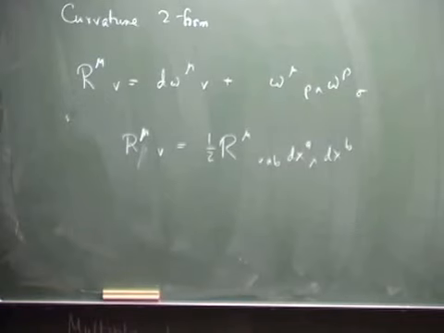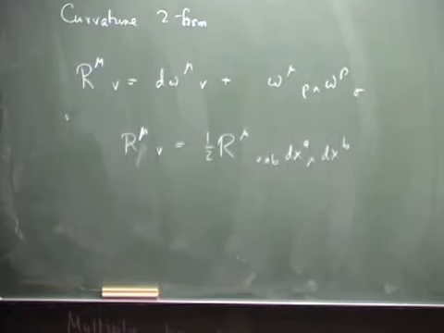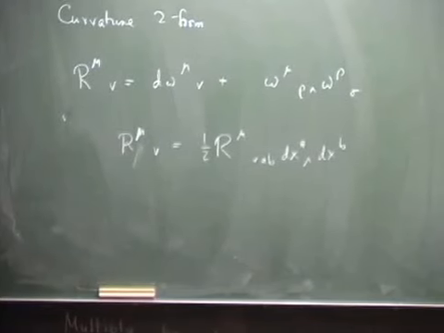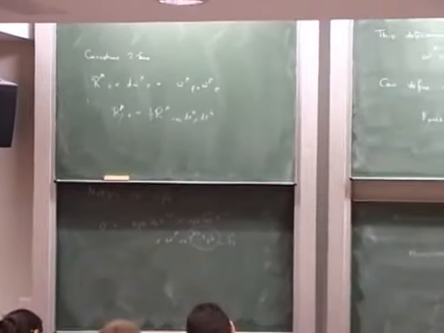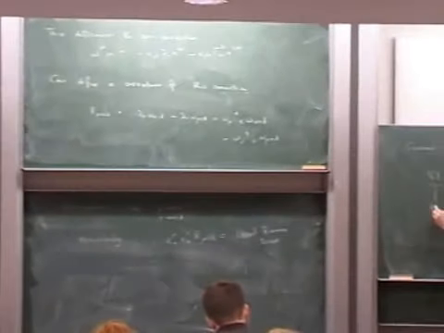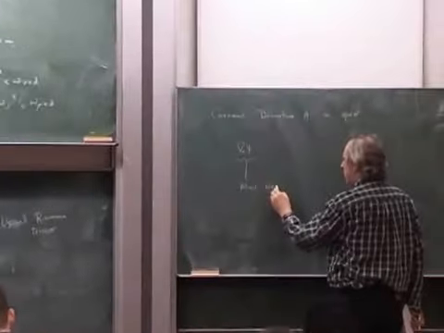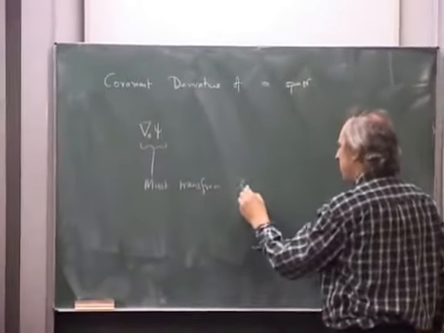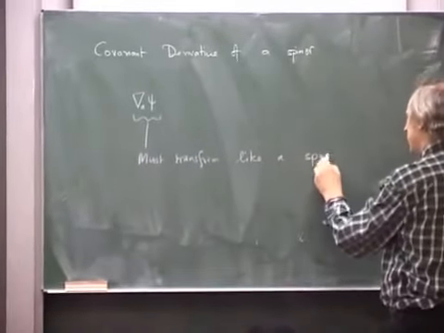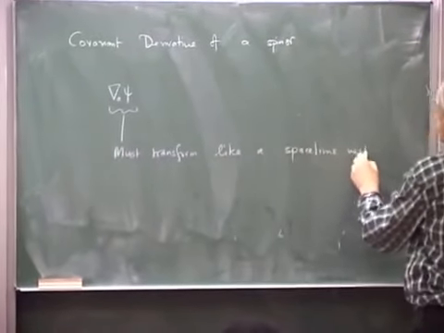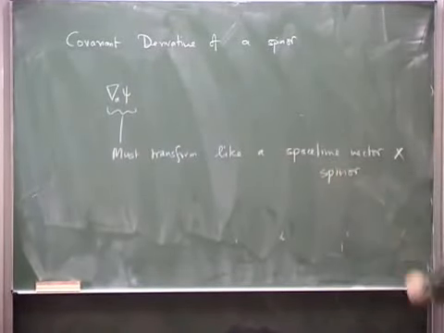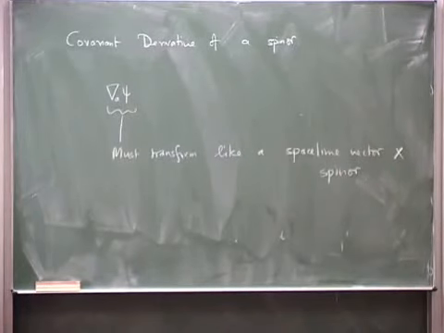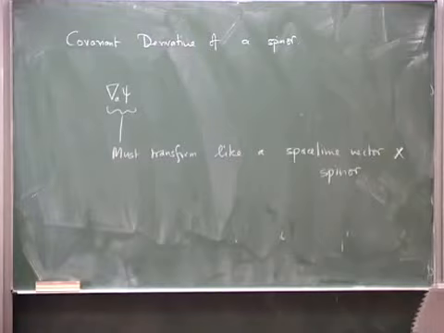So, covariant derivative of spinors. Well, what we would like to define is an object ∇_a acting on ψ. ψ is a spinor, so we would like this thing to transform like a space-time vector times a spinor, simply by imitating what we have done for the covariant derivative acting on tensors.